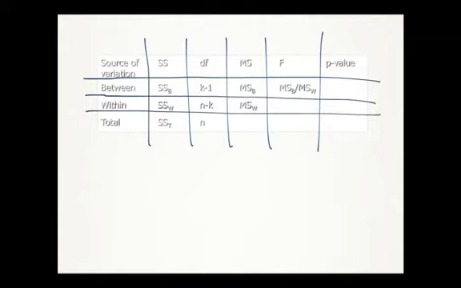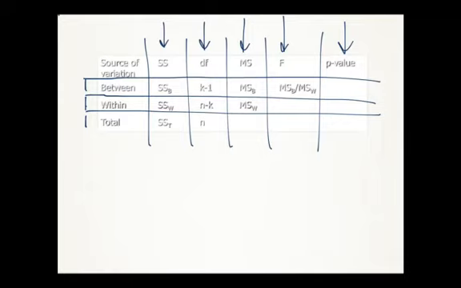So we have our sources of variation: there's between, there's within, and then there's total. Then the SS is the sum of squares, the degrees of freedom, the mean square, the F value, and then the P value. So you'll sometimes see this in introductory stat textbooks or in your statistical software, the ANOVA table.